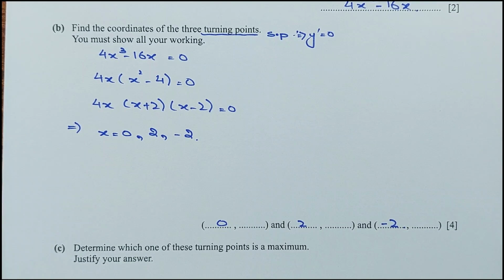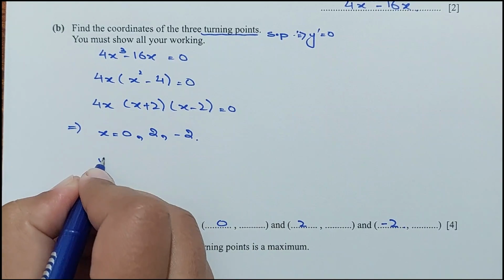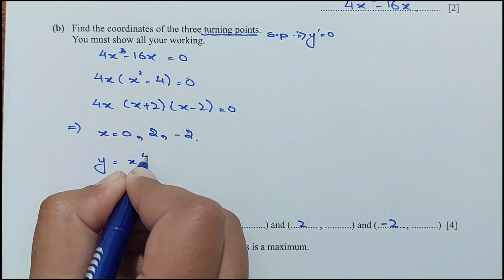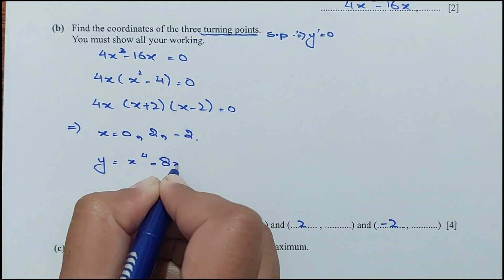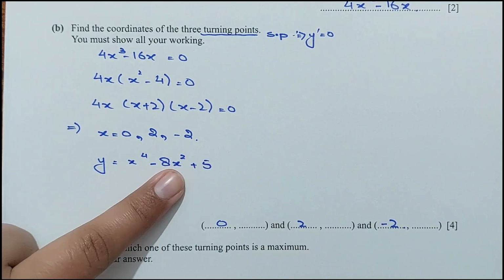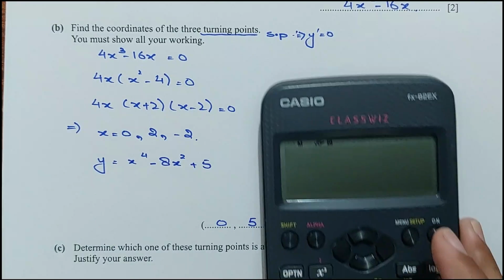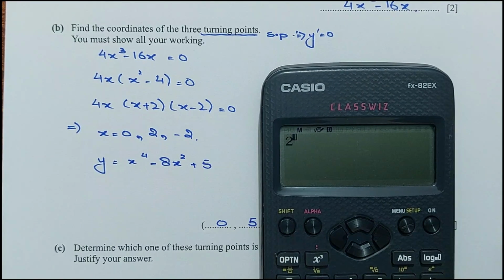Now let me solve the corresponding y coordinates. We have the equation for y, which is y equals x to the power 4 minus 8x squared plus 5. When x is 0, it's just 5. Let me put in 2: 2 to the power 4 is 16, minus 8 times 2 squared, plus 5.